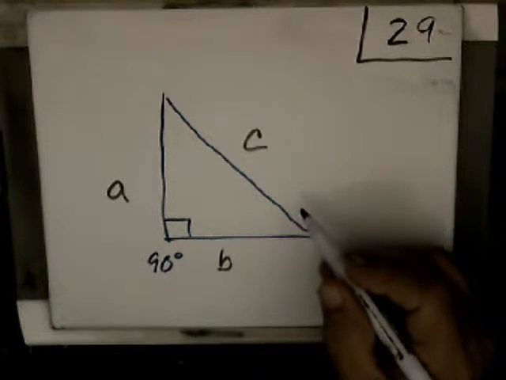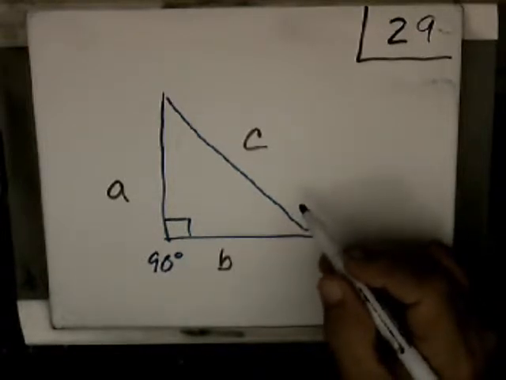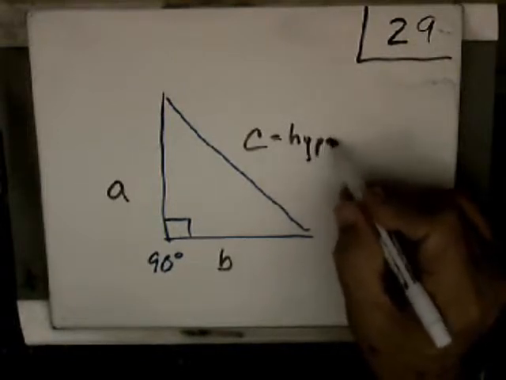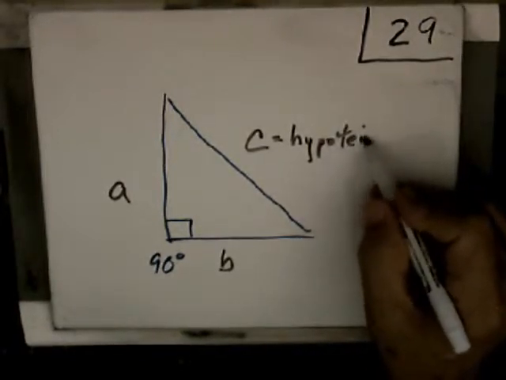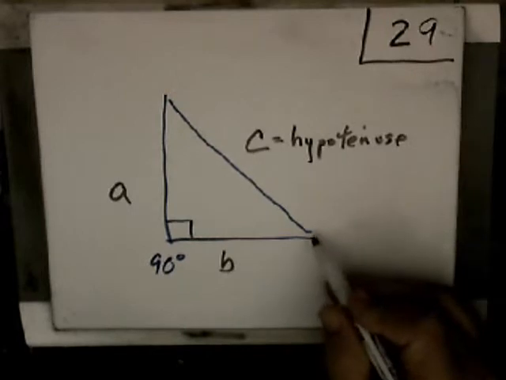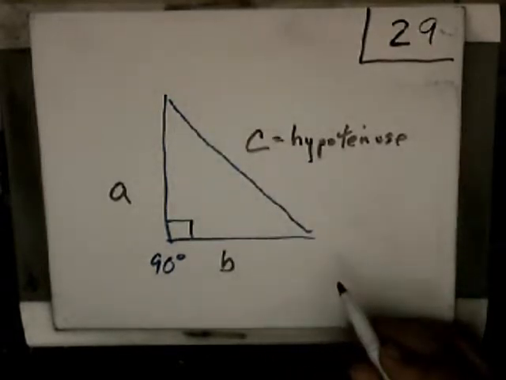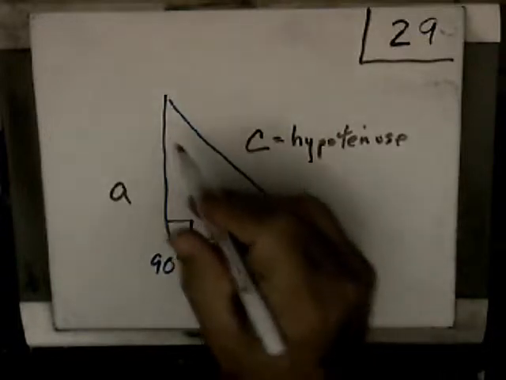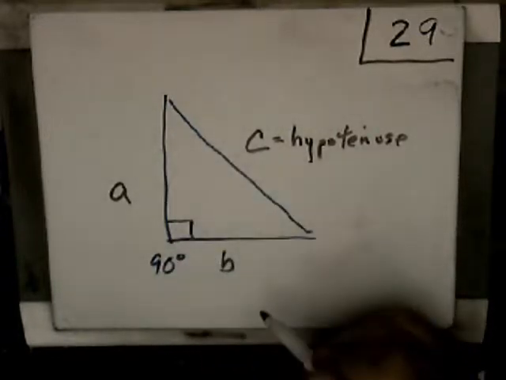C is always the hypotenuse. The hypotenuse is the diagonal. So C is always the largest leg. The diagonal will always be longer than either of the two legs.